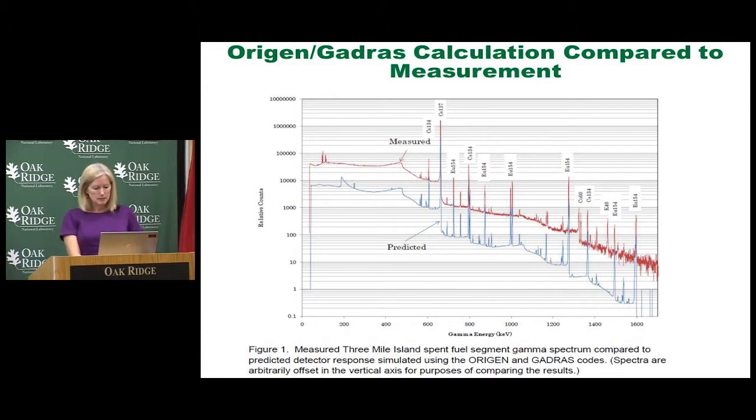The predicted, in blue, is based on simulations, and as you can see, that's pretty close. We do get some cobalt-60 that's not in the simulation, because that's activation of the cladding.